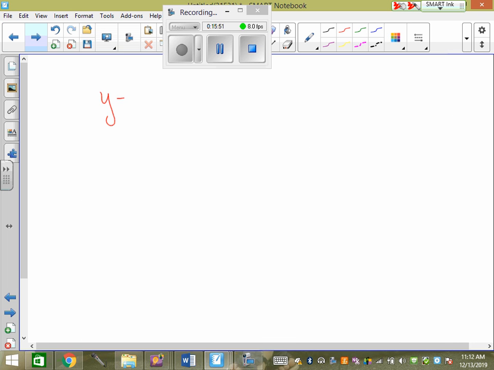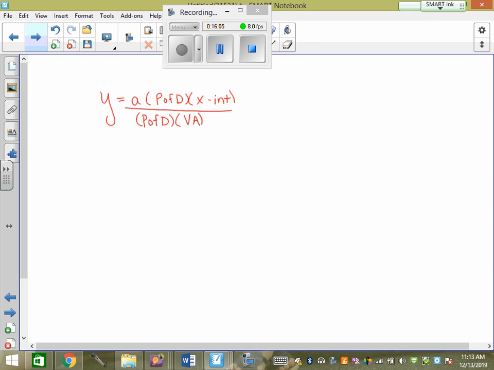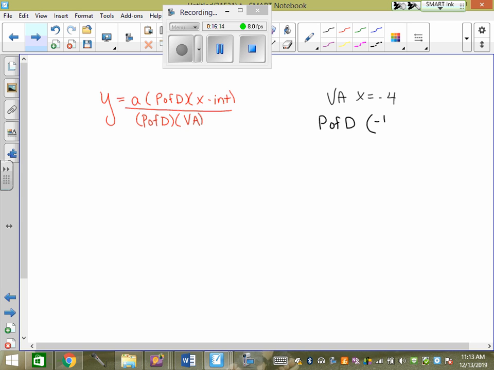So we need y equals a, p of d, x-intercept, vertical asymptote. We have a vertical asymptote at x equals negative 4. We have a p of d, or a point of discontinuity, at negative 11 over 2 and 9. And we have an x-intercept at x equals 8. Okay, we have to work them all back to factors.